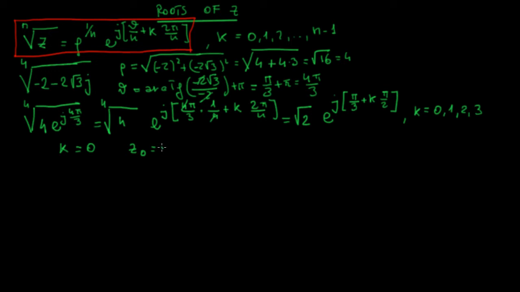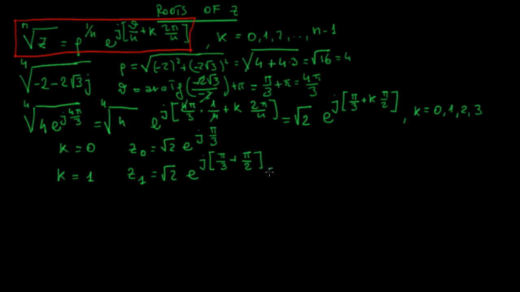This is the square root of 2 e to j pi over 3, because the second term does not exist. If we consider k equals 1, z sub 1 is the square root of 2 times e to j (pi over 3 plus pi over 2).